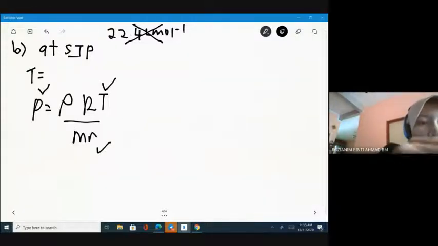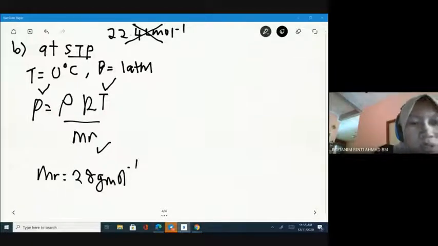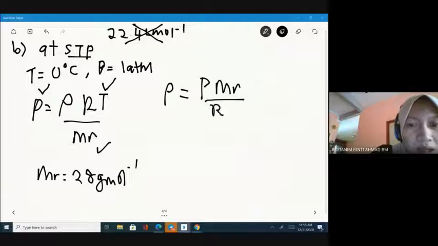So at STP, temperature must be 0 degrees Celsius, pressure must be 1 atm. If we use the same compound, carbon monoxide, our molar mass is the same, 28 gram per mole. So we substitute into the formula, density equal to pressure times molar mass over RT.